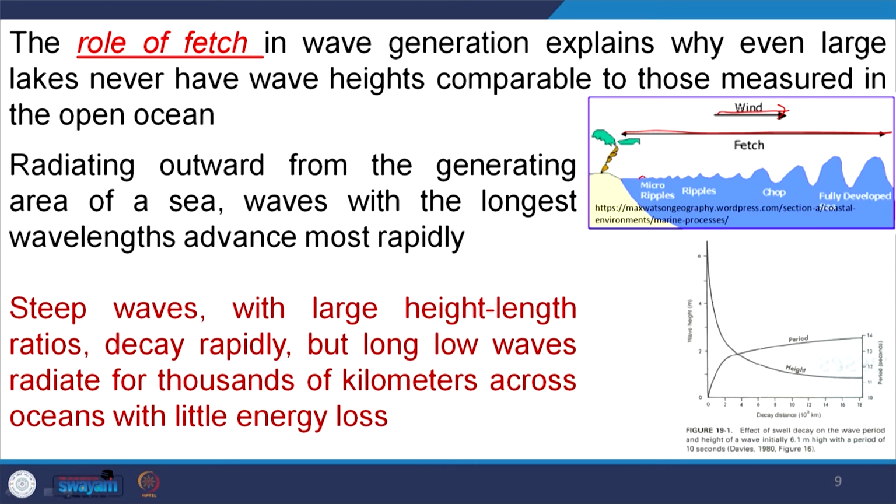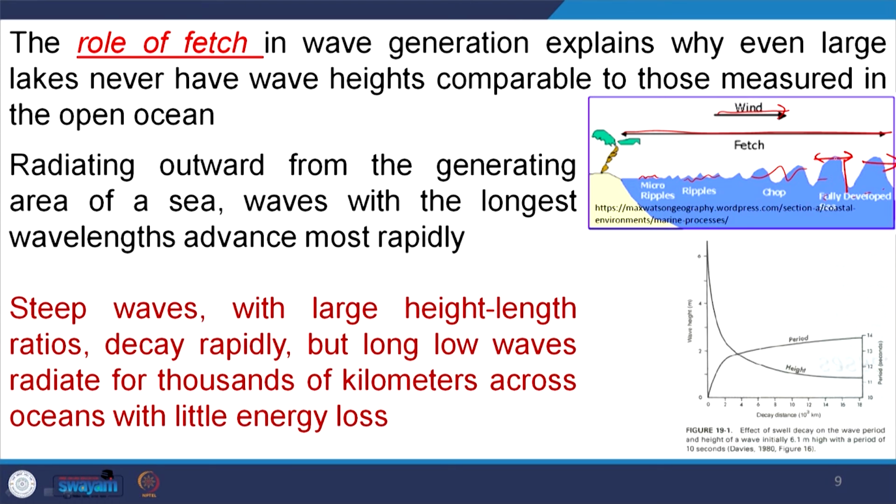First it starts with micro ripples, then the ripple size increases, then it chops, then finally it is a fully developed wave. This fully developed wave migrates in this way. Once it reaches the breaker zone, it breaks, and whatever the wave height and size, at the breaker zone it changes.